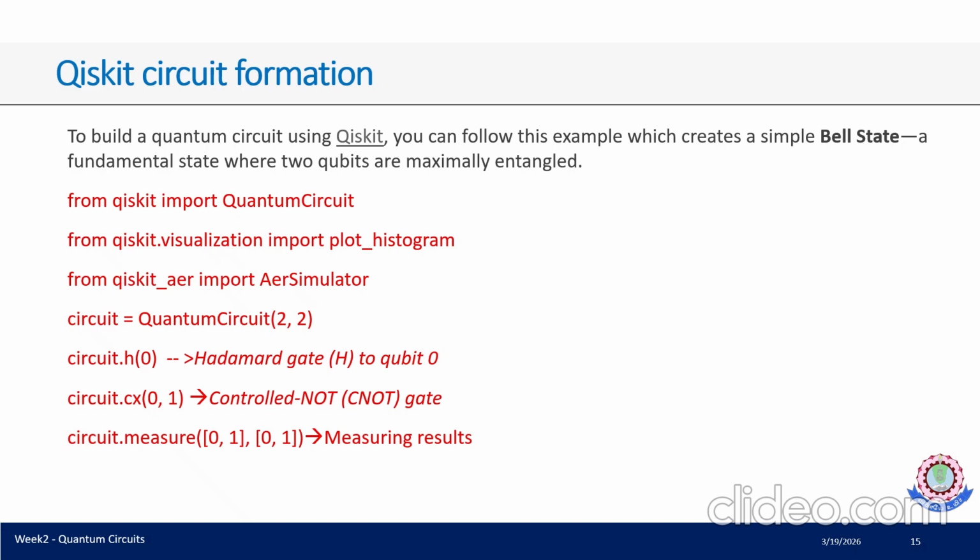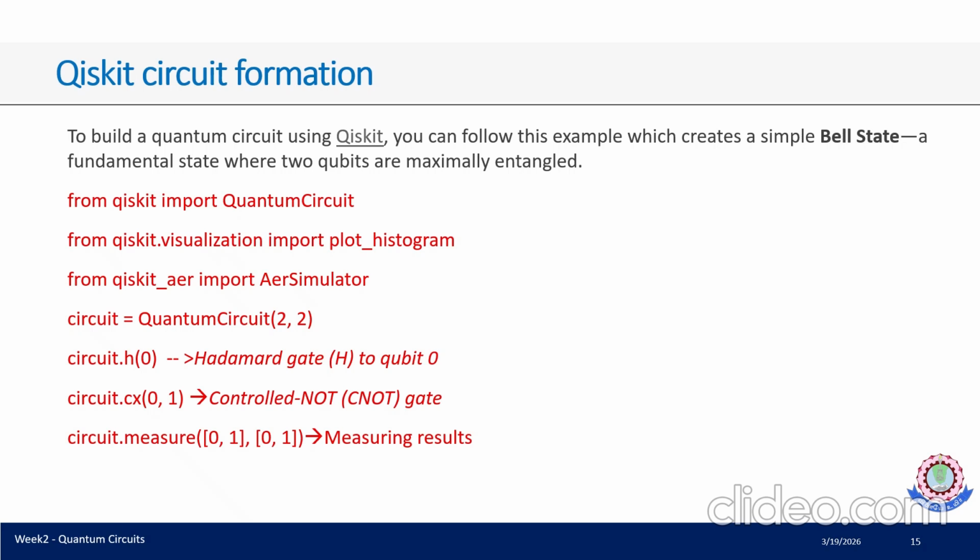The code snippet demonstrates how to create a simple quantum circuit with two qubits and two classical bits to measure the results. The first three lines are for importing. Next, circuit is equal to QuantumCircuit(2, 2), which creates a quantum circuit with two qubits and two classical bits. The next line is the Hadamard gate creation, applying the Hadamard gate H to qubit 0.